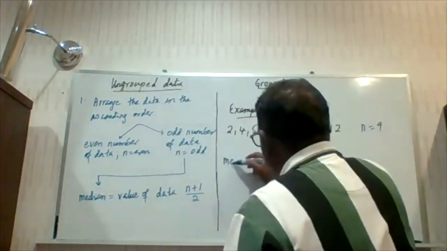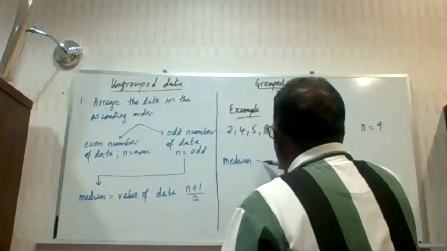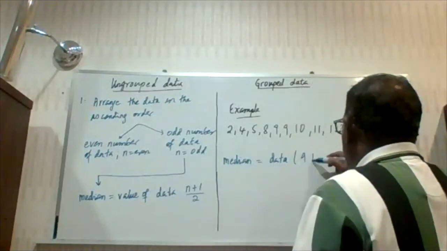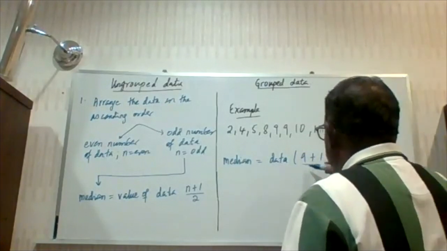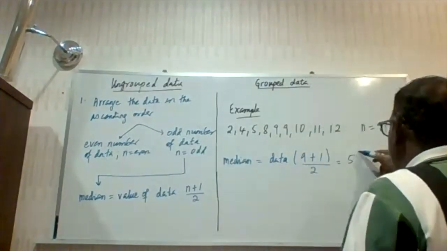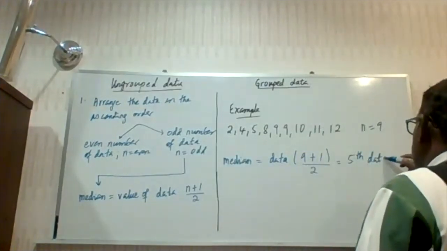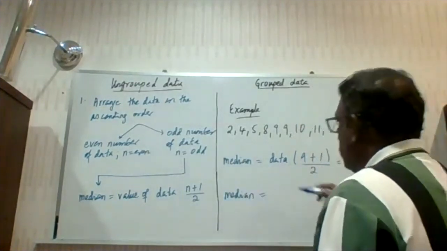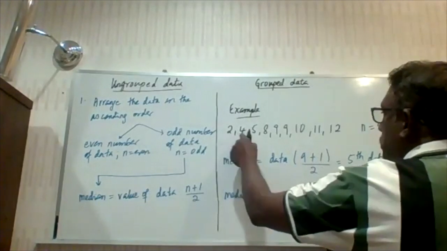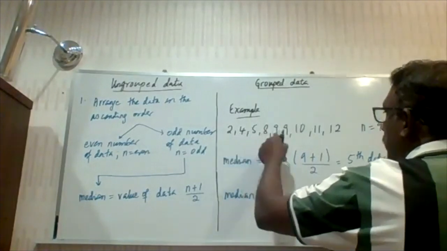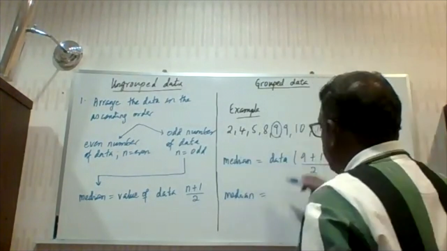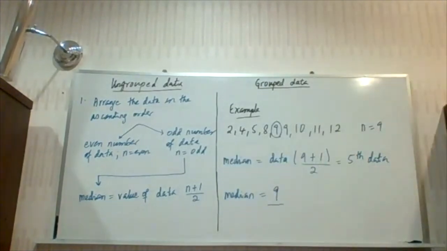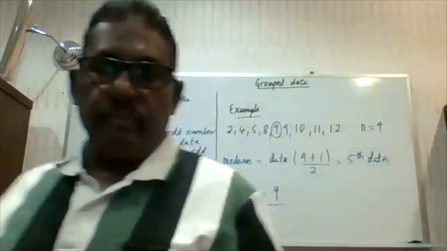My median is data 9 plus 1 over 2, which is the fifth data. So you go to 1, 2, 3, 4, 5. That's my fifth data. My median is 9. That's my answer. All right? You can now take that down.